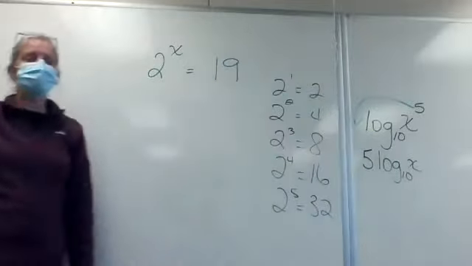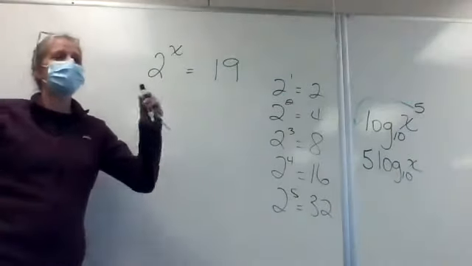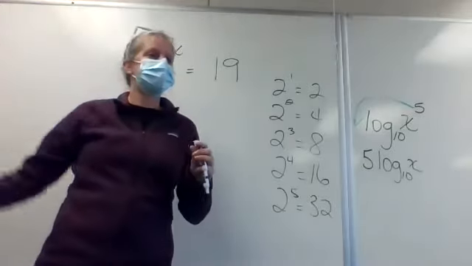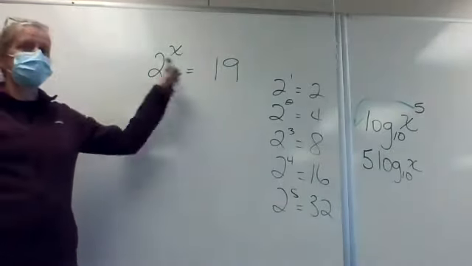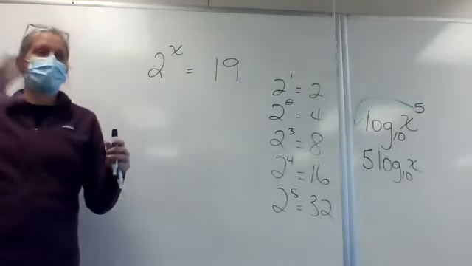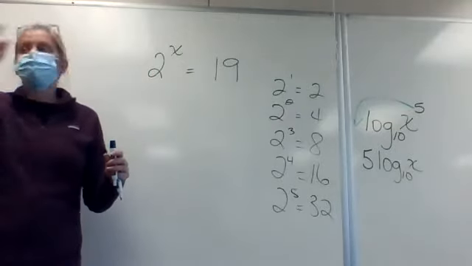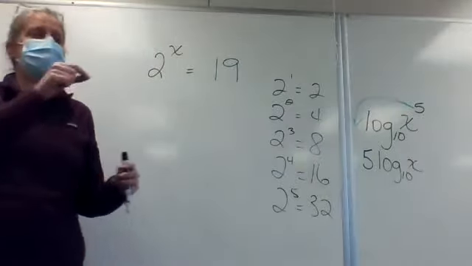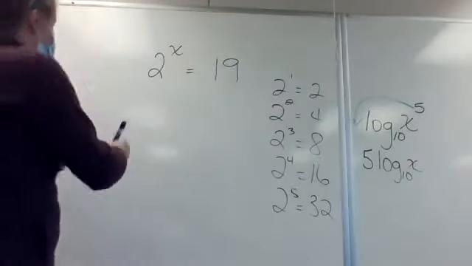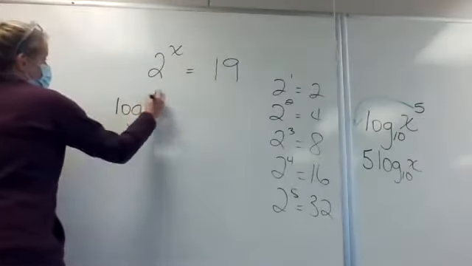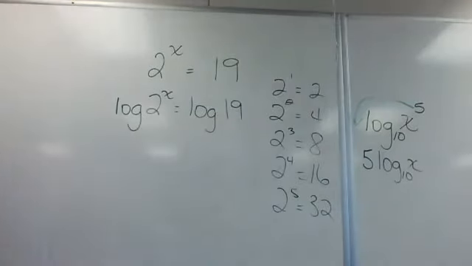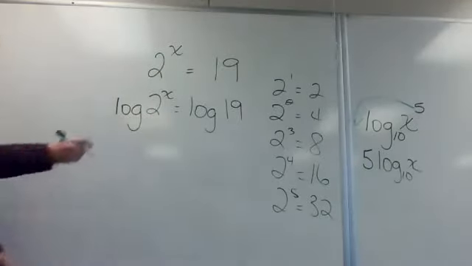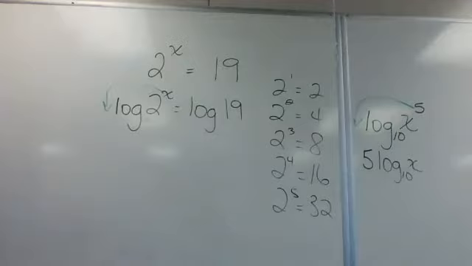I'm going to use that property, logging both sides. That's what's going to bring the x out of the exponent. I can do anything I want to an equation as long as I do it to both sides. I can't isolate the x while it's up in the exponent, so logging both sides is what brings it down.